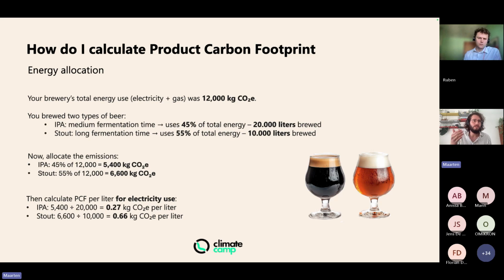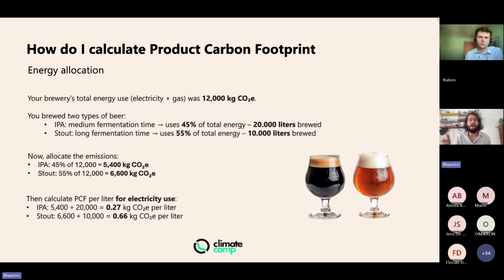Now, to allocate emissions, it's pretty straightforward. We have the energy distribution, so we can say 45% of the 12,000 kilos is 5,400 kilos CO2 equivalent, and for stout, it is 6,600 kilograms of CO2 equivalent. We then calculate the PCF per liter for the electricity we use to brew these two beers.